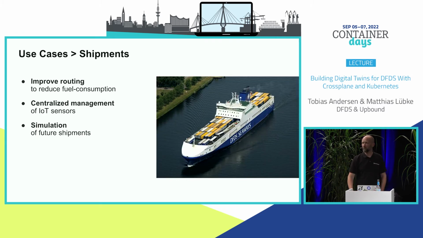Another use case, coming from the trailers to rather the shipments, is again the general routing for efficiency. But as Tobias already said, there are going to be many of these digital twins or central sensors out there. So this logical management of these IoT devices was another part that we looked into. And predictive simulation of these things is another one.